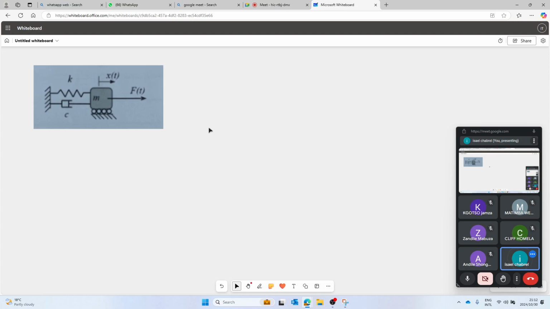Okay, question 3. I believe that we all have it on WhatsApp. They said in figure Q3, a single mass that can move horizontally in one plane. The mass does not have an elastic or damping element ties to ground.